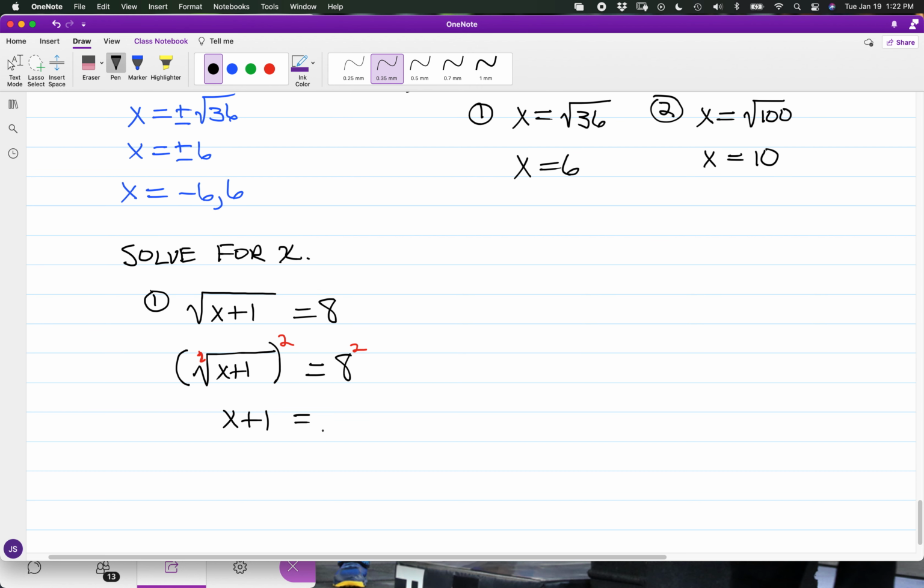To the right I have 8 squared, which is going to be 64. If x plus 1 is equal to 64, we're going to have x is equal to 63. And so with x at 63, you can always go back and check. 63 plus 1 is 64, and the square root of 64 is equal to 8.